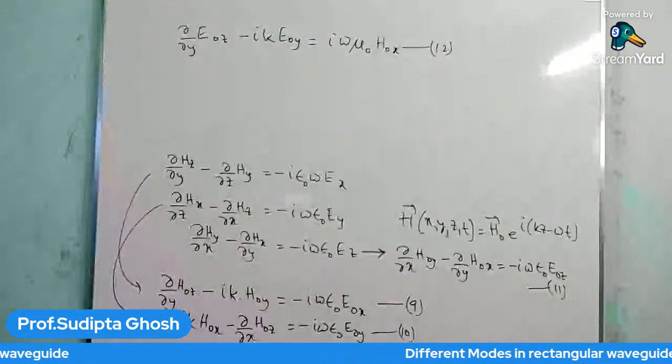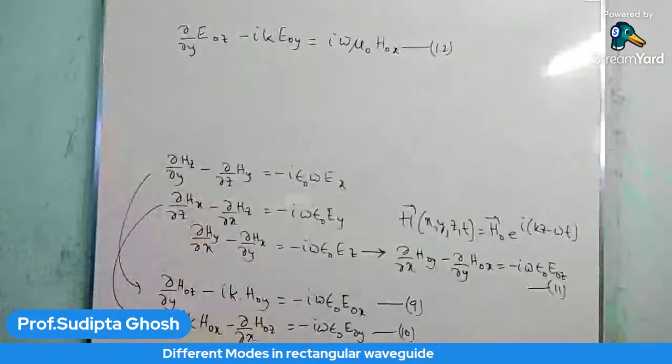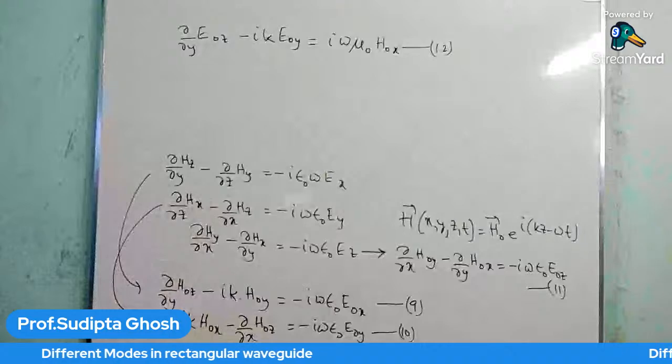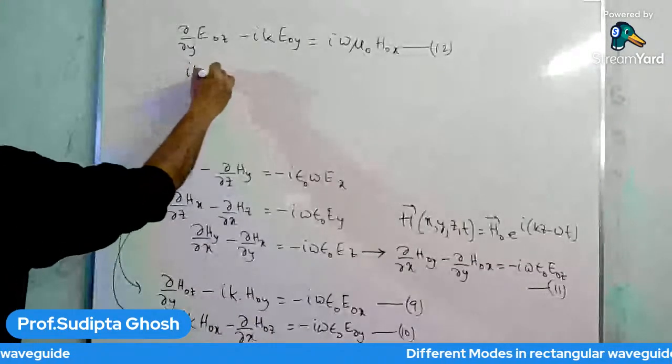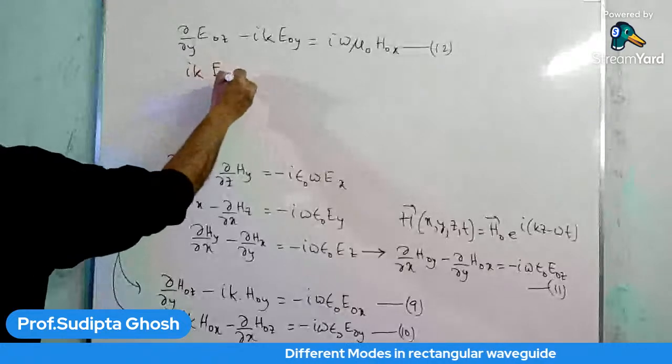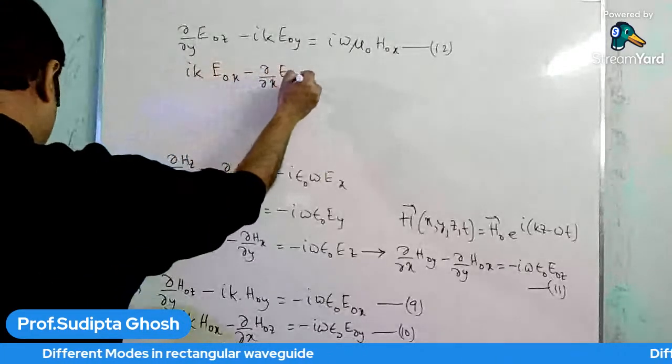Then moving towards the second equation, from equation 10, in which we have IKHOX, a similar equation will be IKEOX minus del x of EOZ, right?